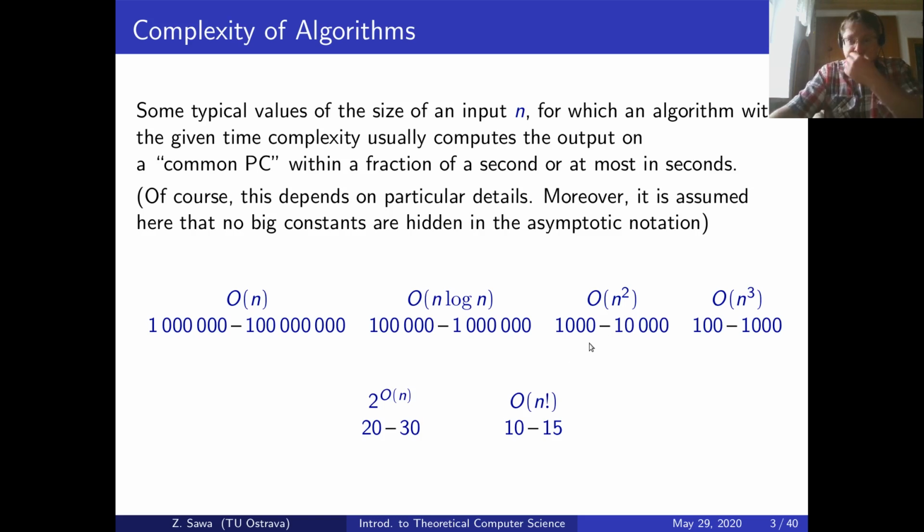Of course, this result does not necessarily mean some precise bound on the real running time, I mean in seconds or milliseconds and so on, because in this asymptotic notation there could be some hidden constants.